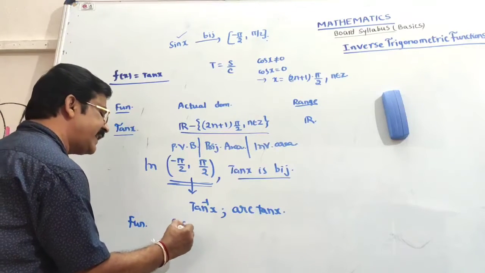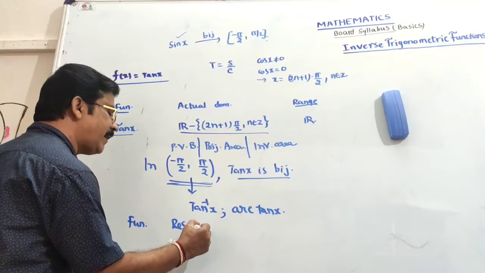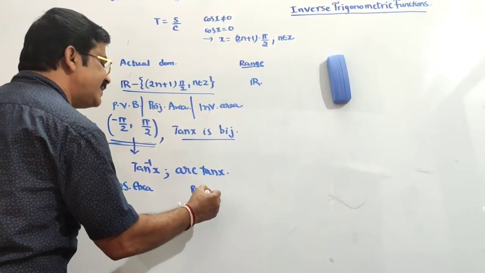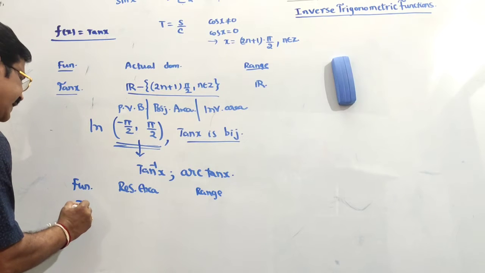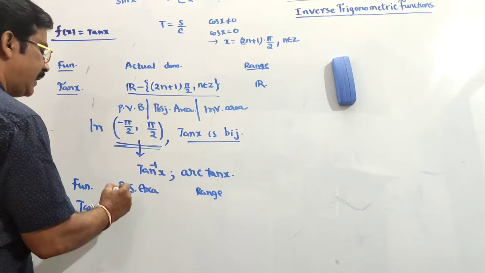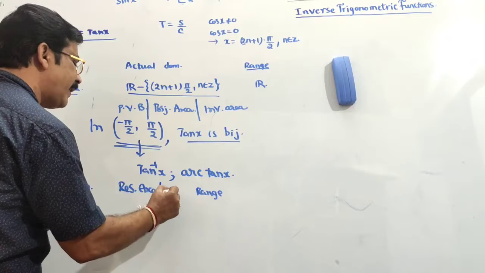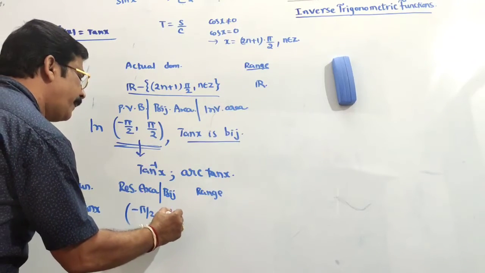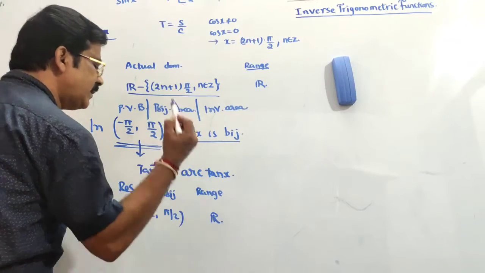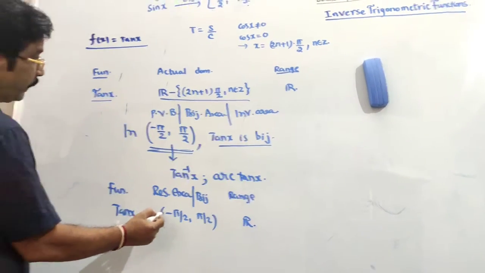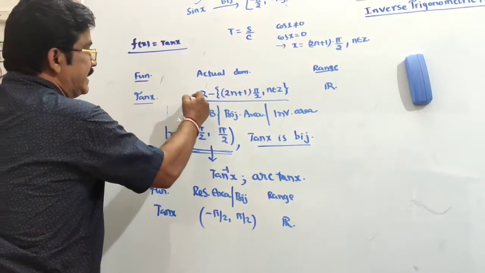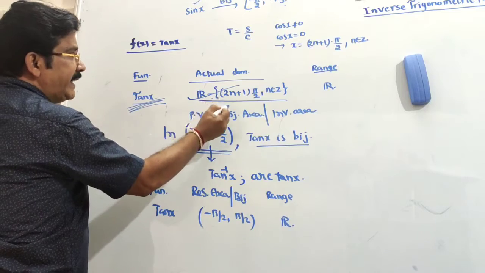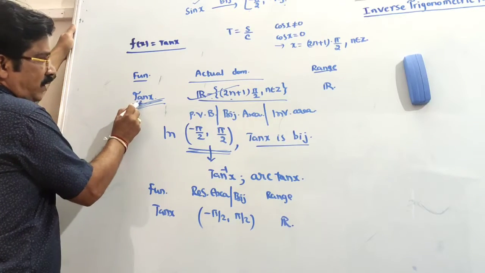So the function. Next, restricted area or interval. Next, range. So for the function tan x, the restricted area or bijective area is the open interval of minus pi by 2 to plus pi by 2. The range is capital R. Even though this is the actual domain of tan x, in the entire domain it is not bijective.